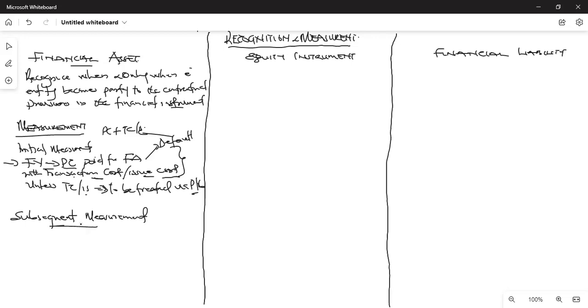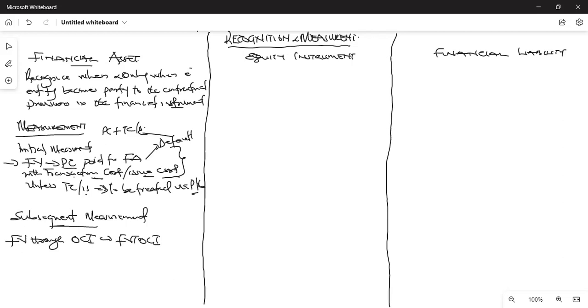And here we are talking about where you actually pick the figures into your SOFP. Now, the subsequent measurement of a financial asset is fair value through OCI. Normally you will see fair value through OCI. Now, what do we mean by this?